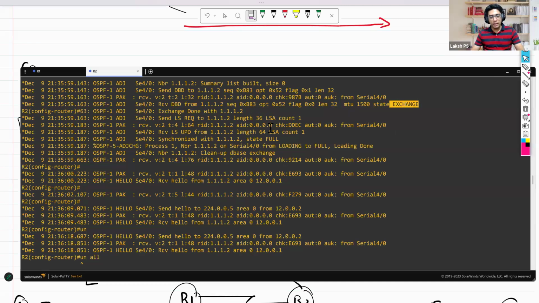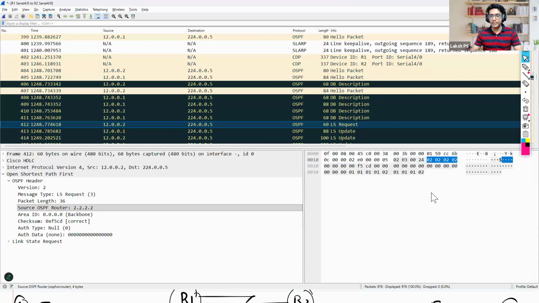This exchange means the two routers are exchanging DBDs, and they have moved into the loading state as well. Once in the loading state, the full database is exchanged between the two routers. The two routers then move from loading to full state.